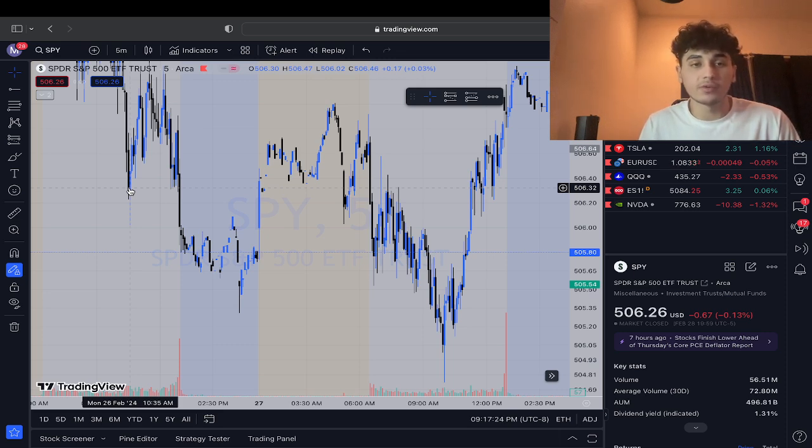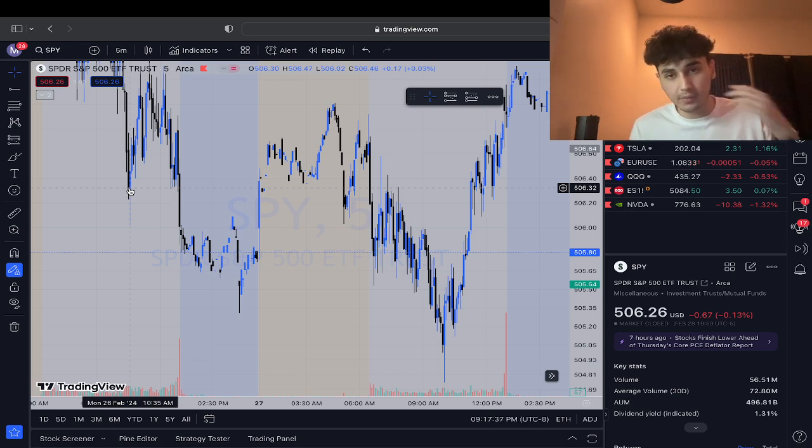And it will really help you better understand where there is either high demand or high supply, which is again exactly what we want to trade with, right?